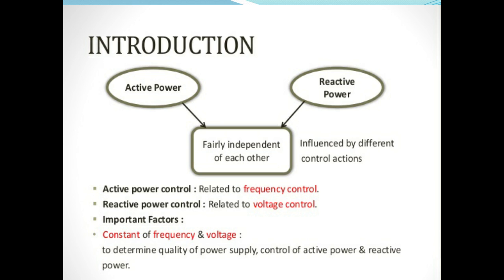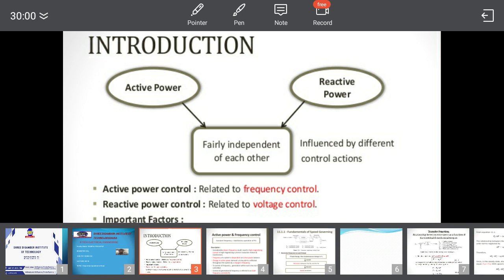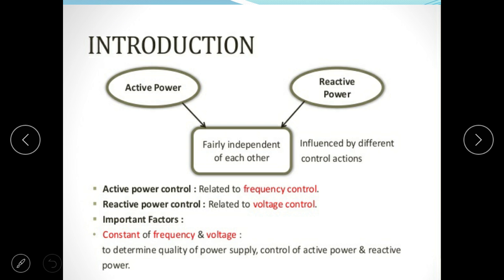In power system, there are three types of power: active power, reactive power and apparent power. Active power is related to frequency control and reactive power is related to voltage control. It means active power is controlled by change in frequency and reactive power is controlled by change in voltage.